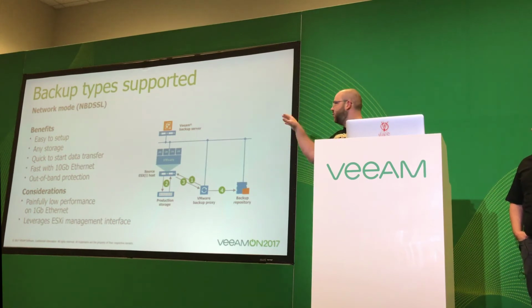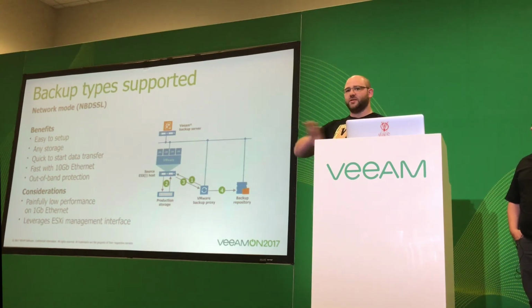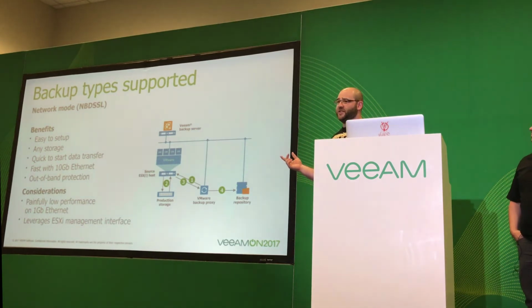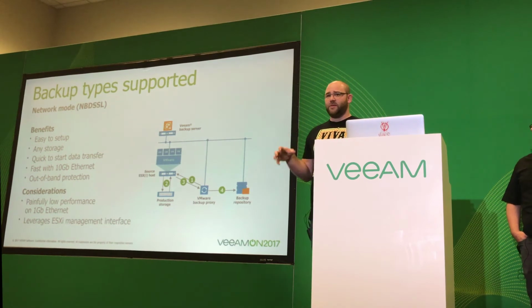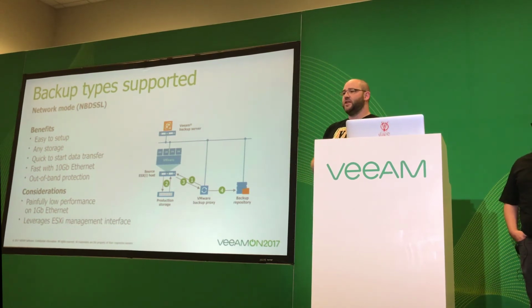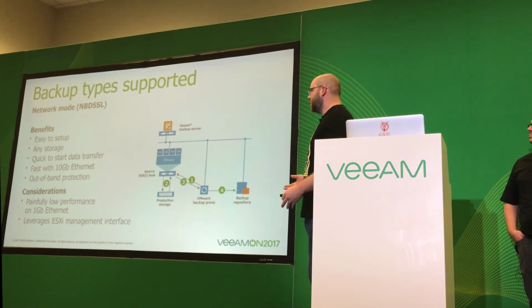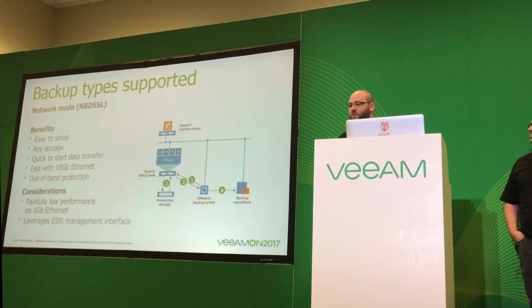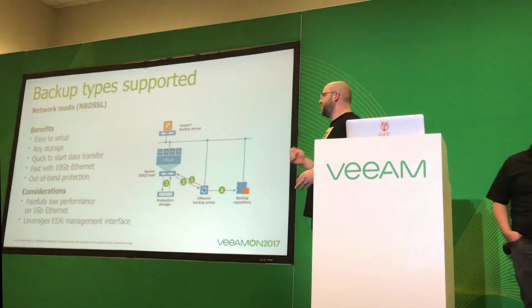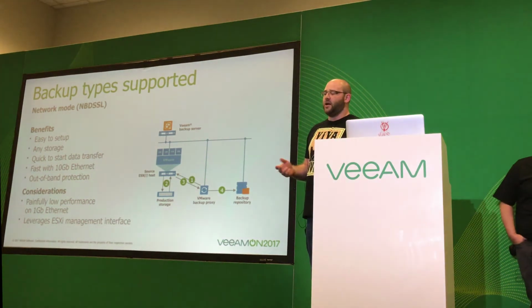With 6.5, it's forced down to that SSL, so everything is in that secure tunnel as it comes through. The benefit is that it's really easy to set up. It's just a case of having a Veeam proxy that can see the vSphere hosts over the network. It can be any storage, we don't care what that is underneath, we're just focusing on that virtual machine. It's really fast with 10 gig, right?